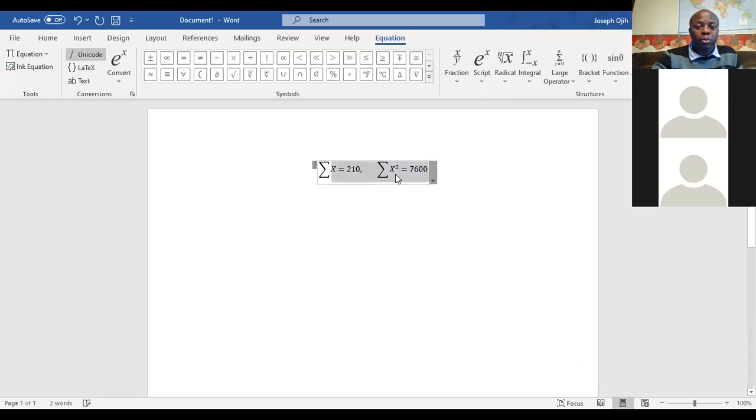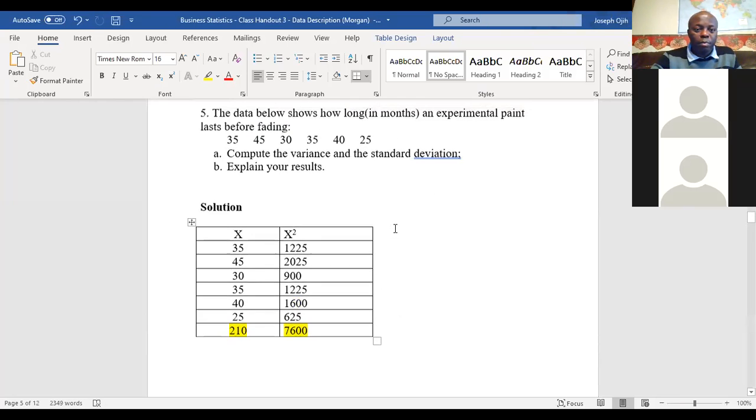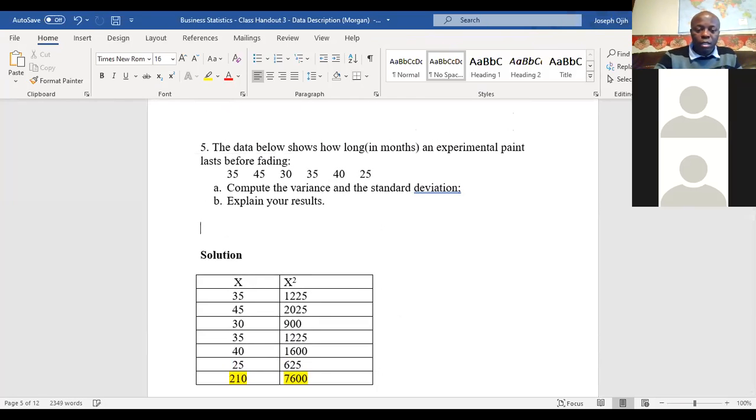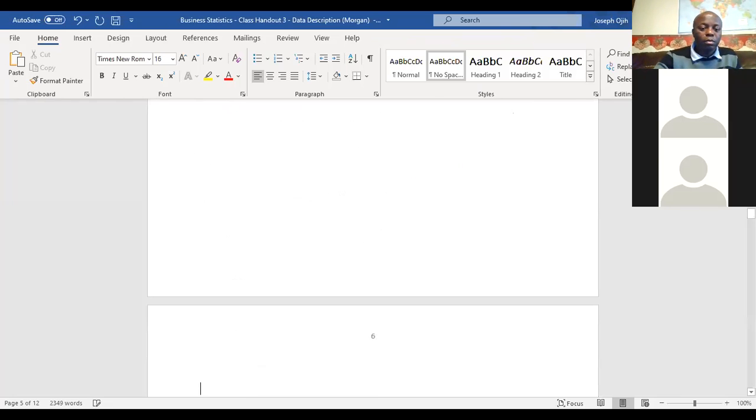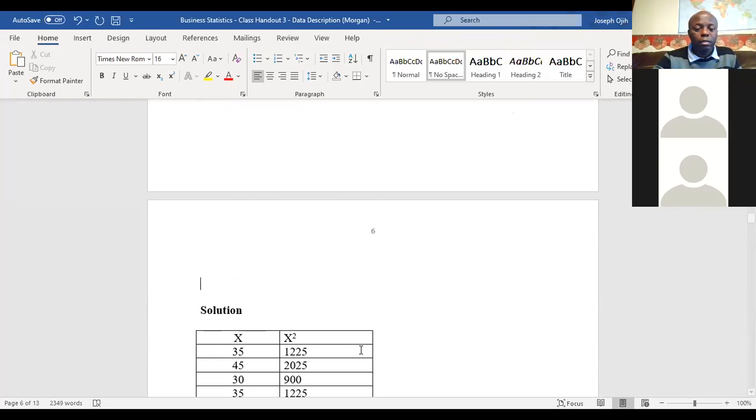Let me take you back so you can see what I mean by all this, to our main workbook. Right here. Let me push this down so we can have more room.